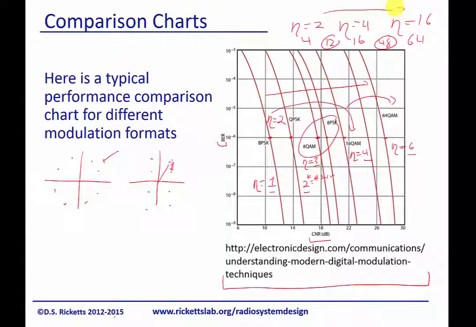Meaning we can go to a higher modulation scheme to get a higher spectral efficiency, a higher number of bits per second per hertz. However, it gets harder and harder. And so typically, most radios are operating somewhere around QPSK, and there actually is a 1024 QAM that's used, but that's pretty much the limit of where people go. And when they're operating on 1024 QAM, these are usually very low frequency or low symbol rates.